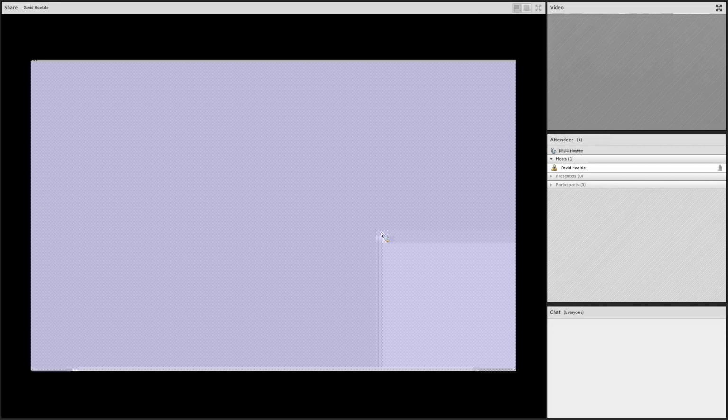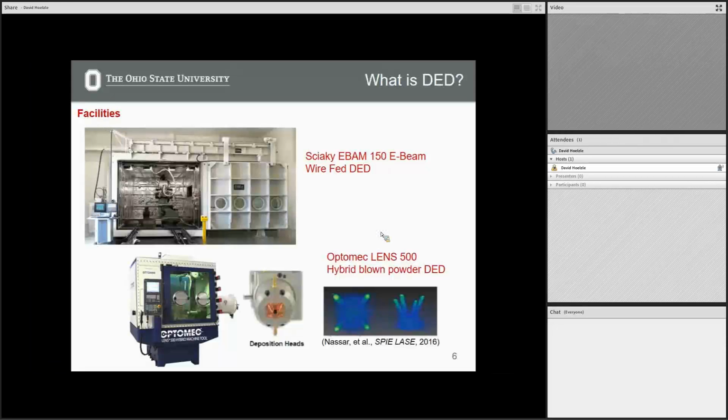All right, so when I said before that some of these systems are large enough to walk into, here's an example of Sciaky's system. This is an electron beam system, and so here's a computer, and then here is this machine. They're gigantic, really, really large, and this is done under vacuum.